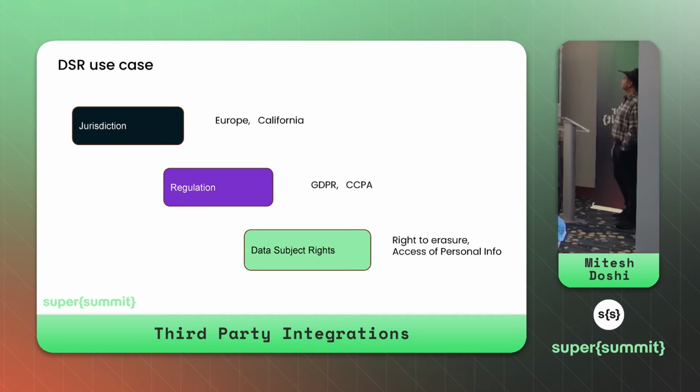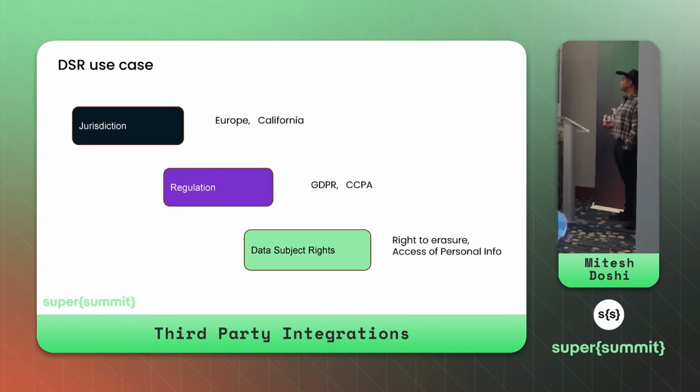Just to get started and get people warmed up around what Ketch does for our DSR use case. Ketch, as you all know, is in the privacy, data compliance, and security space. One way it's broken out is by jurisdictions, like Europe and California, and each of these jurisdictions has a set of regulations.